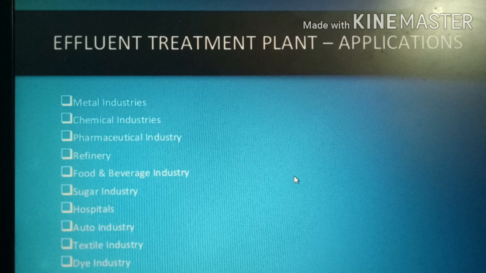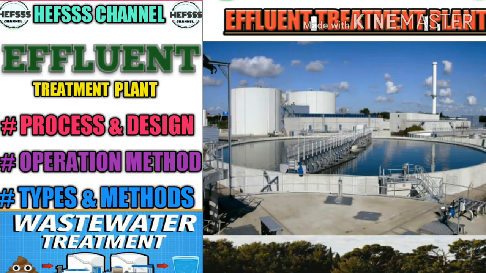In all these industries, the effluent treatment plant plays the major role in wastewater treatment. It is very important for wastewater treatment in the sewage treatment plant. Sewage treatment plants are especially used in every building and every industry nowadays.